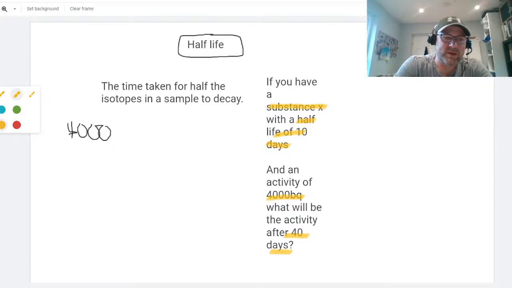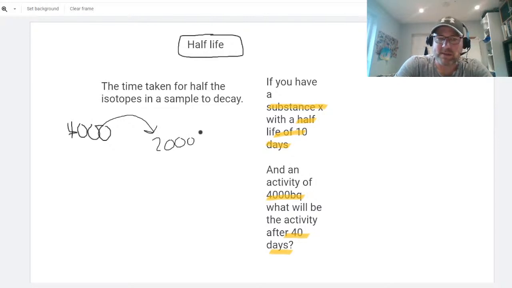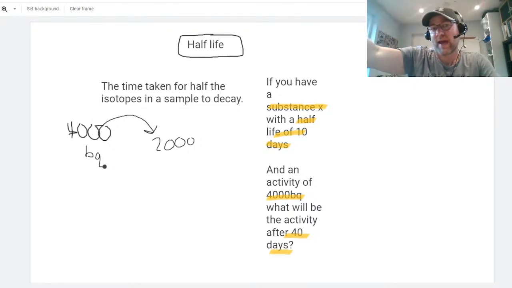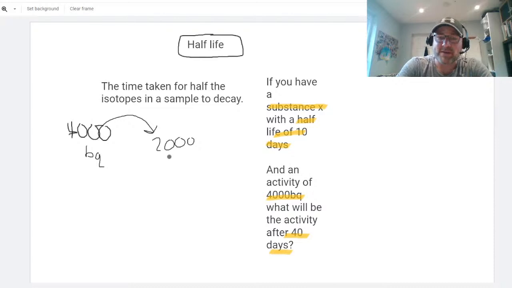So you're going to half it to 2,000. Now that is what happens when one half-life passes. The activity, by the way, we measure in becquerels. 1 becquerel means one atom decays and releases its radiation every second. So 4,000 becquerels means 4,000 atoms are decaying a second.